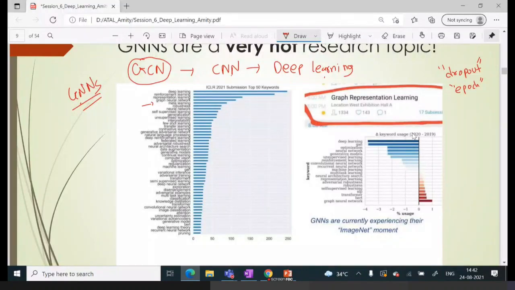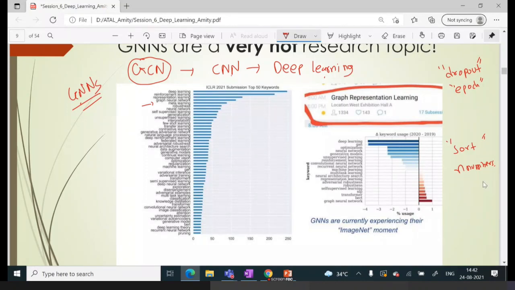Because if we compare with, let's say, our normal domain: if I tell you to sort n numbers, right, then what will you do? You will write down one algorithm and then implement it, and I will get a specific answer with 100% accuracy.